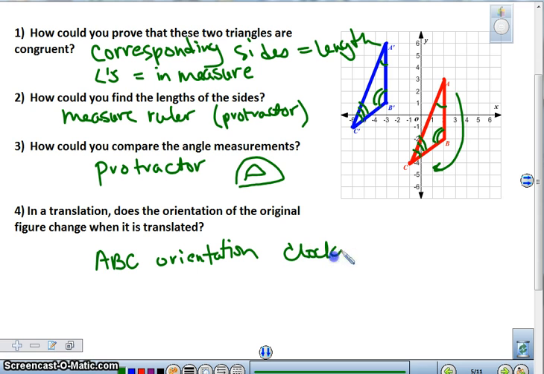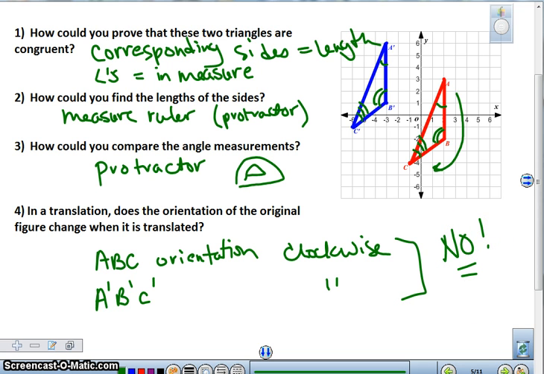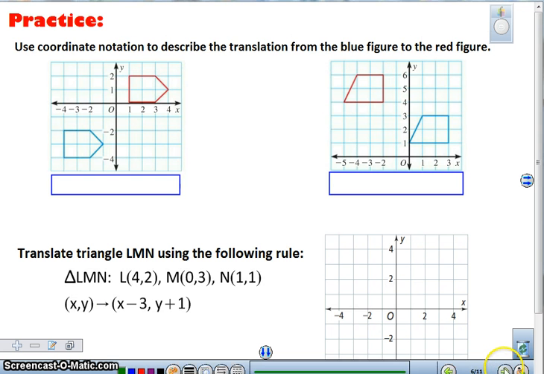When I go to the new figure, which we call A prime, B prime, C prime, and I go around that one, have I changed the direction I'm going? We have not. So, in a translation, does the orientation change? Since our orientation here is exactly clockwise, does it change? No, it stays exactly the same.